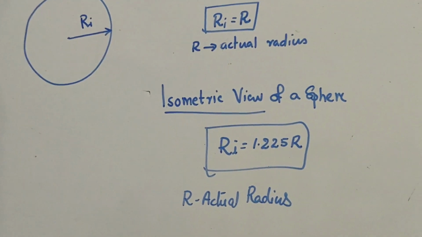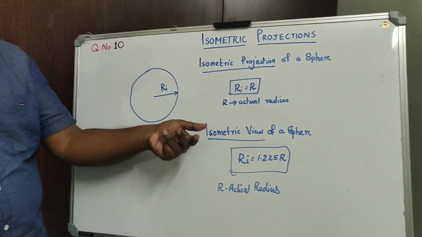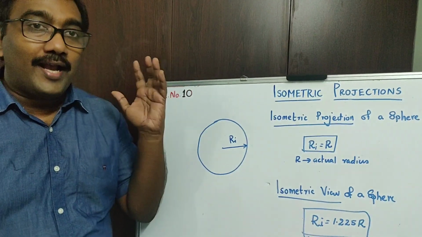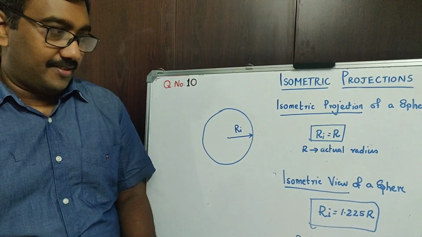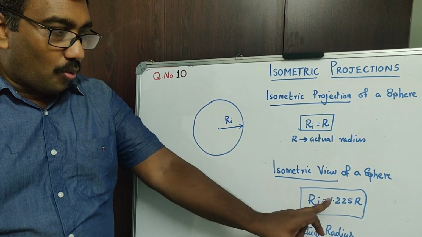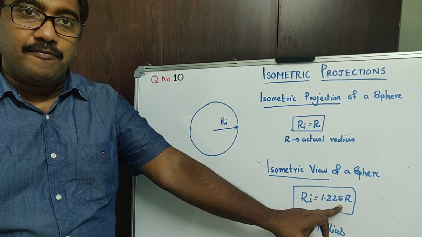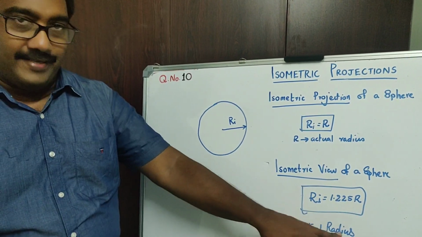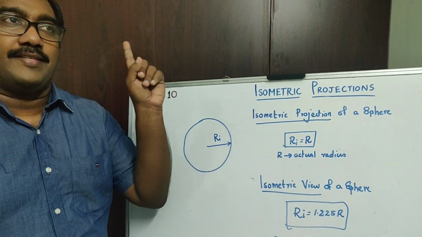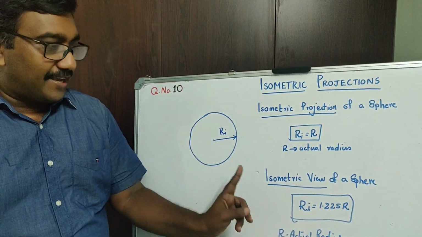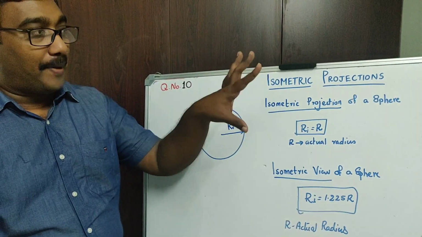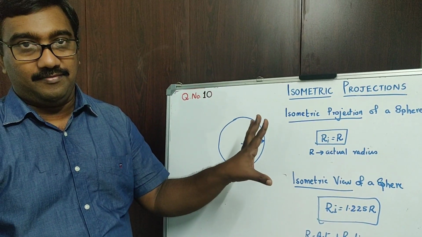Normally in isometric view, for all other solids, you have actual dimensions. But when it is a sphere, you get the radius as 1.225 times the actual radius. It is getting increased. When it is isometric projection, it is the actual dimension, and when it is isometric view, it is 1.225 times R. That is the peculiarity of the sphere.